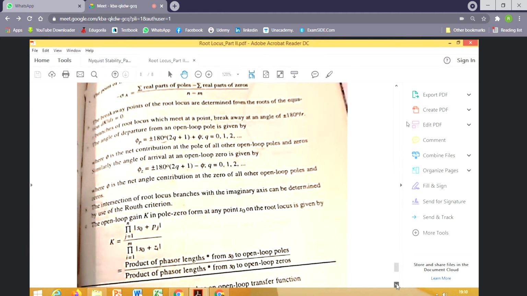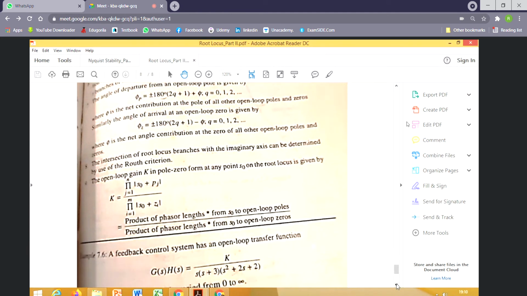And the last rule is the magnitude criterion. That means the open loop gain k at any point s0 on the root locus is given by the magnitude criterion. So k will be the product of magnitude of s0 plus pj divided by the product of magnitude of s0 plus zi.